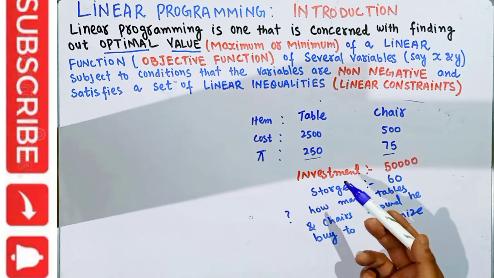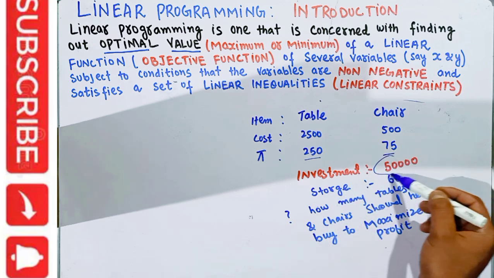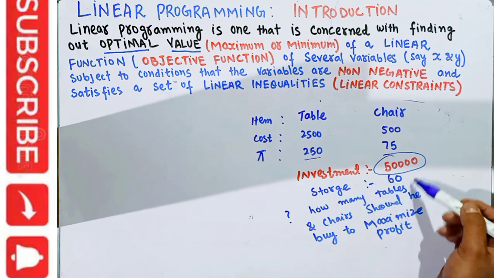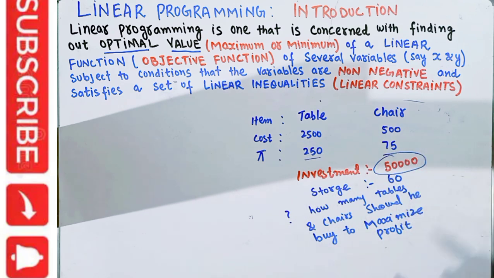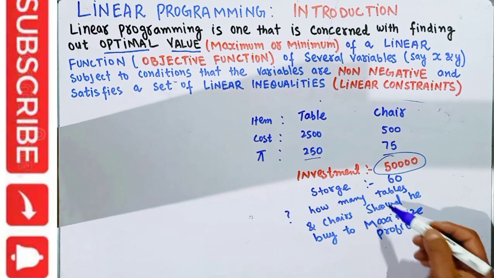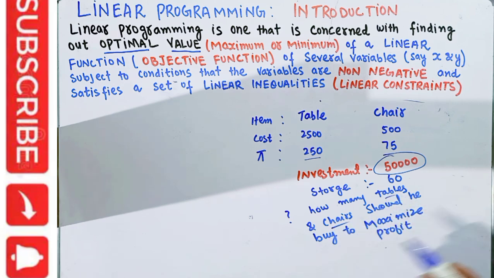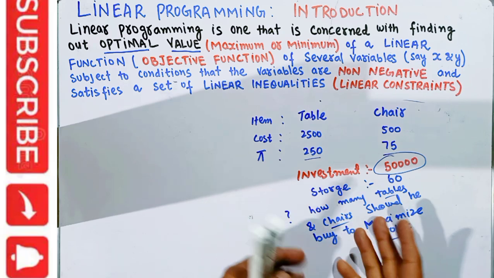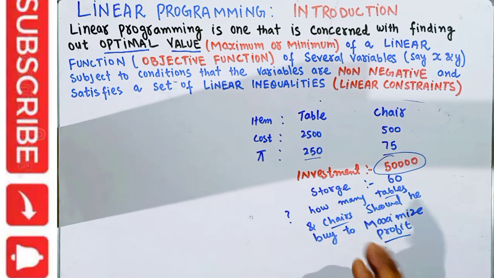He has a total investment capacity of $50,000 and can store at most 60 pieces of tables and chairs. We need to find out how many tables and chairs he should buy to maximize profit. In this kind of situation we use linear programming.